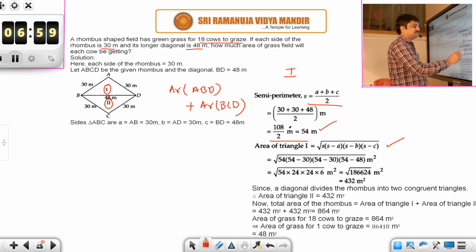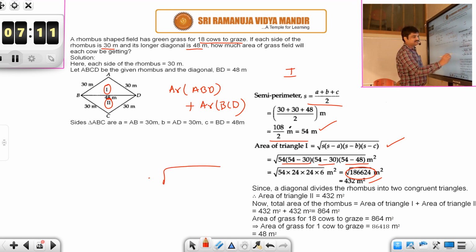So plug in all the values of S, S minus A, S minus B, S minus C, you will get the answer. Again, don't do this type of multiplication. What I'll suggest is square root of 54 into 24 into 24 into 6. Write 54 as 9 into 6, and write 24 as 6 into 4 each.